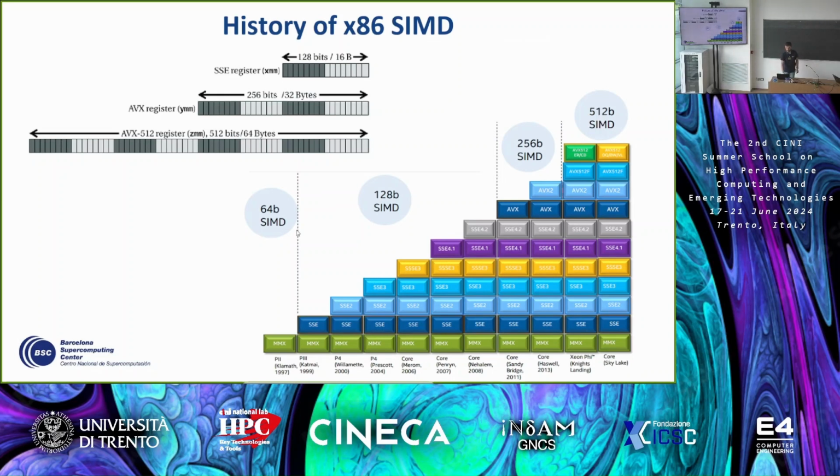That is the 512 bit. Every double is 64 bit. If I multiply by 8, I have 512 bits. So that's good, and that's the extension that we have nowadays.